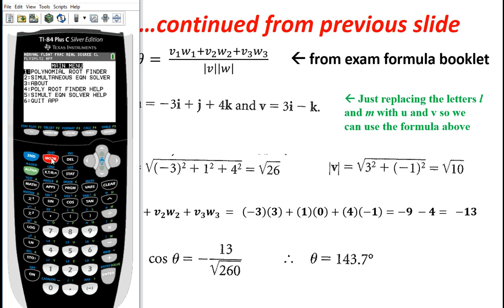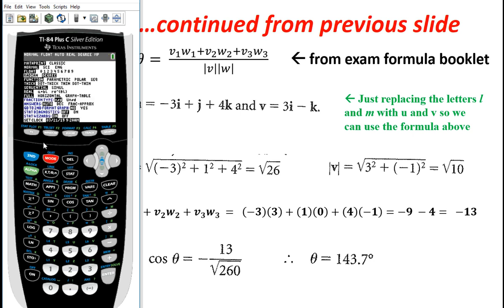You need to go to mode and make sure you're in degrees, because you might have switched between radians. My calculator's seizing up, what's going on? Okay, great. Mode. Yep, I'm in degrees, that's what you want to check first. Get back to the calculator screen. Second cos, to activate cos minus 1. Put in -13 over root 260.